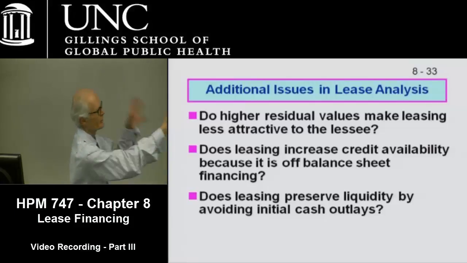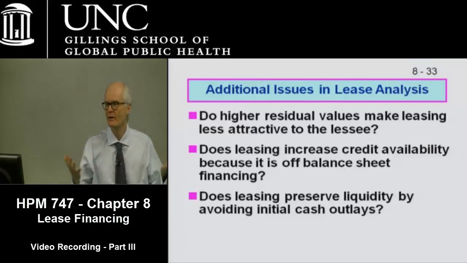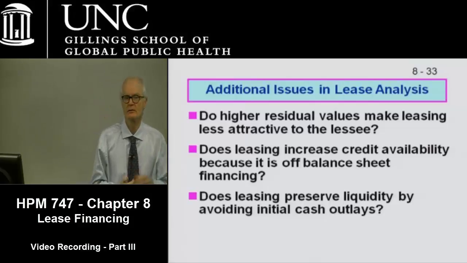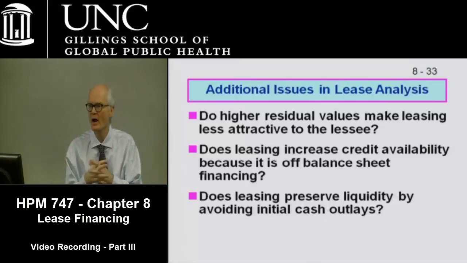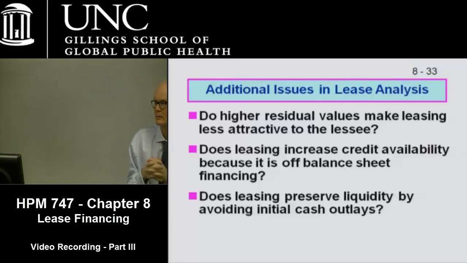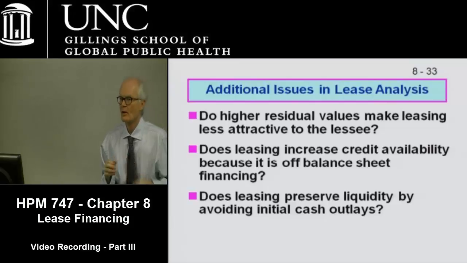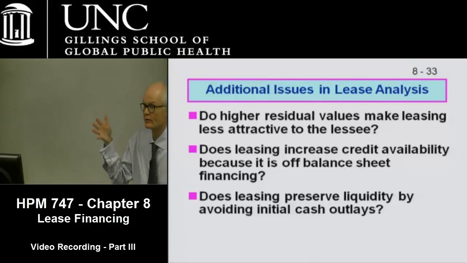In other words, if you have all those numbers the same, and the residual value is $500,000 instead of $100,000, would that make you change your mind? Why do I claim that's a myth? Why? Because of the taxes you pay on that capital gain? What will the bank do? What will the leasing company do in response to that high residual value?